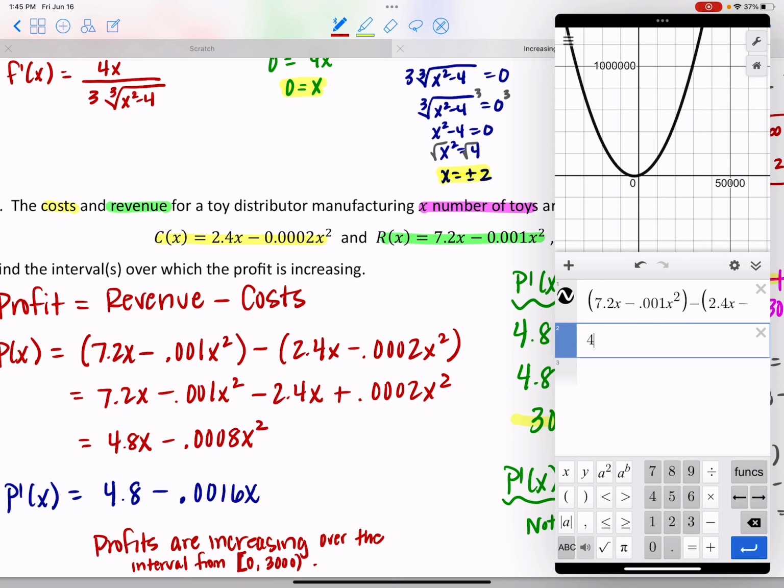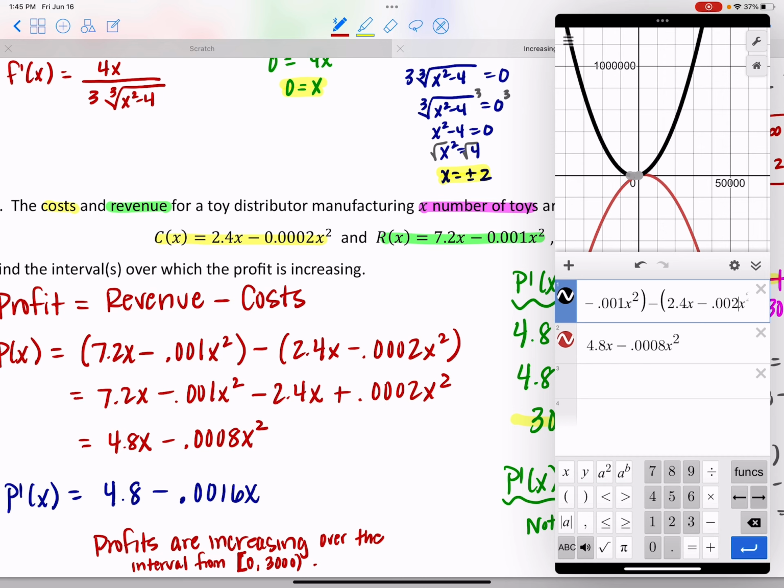Let's put this in. Oh yeah, I typed something wrong somewhere. 2.4x. Can't see. Oh, I missed a 0. See? Jeez, guys. You probably saw me do it.